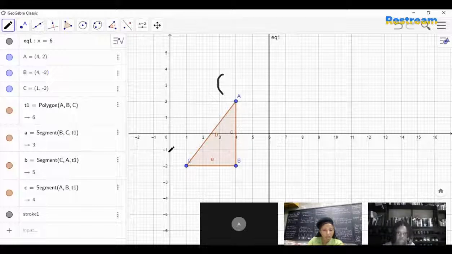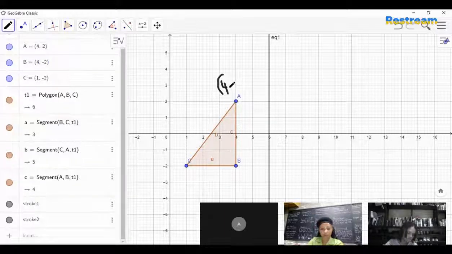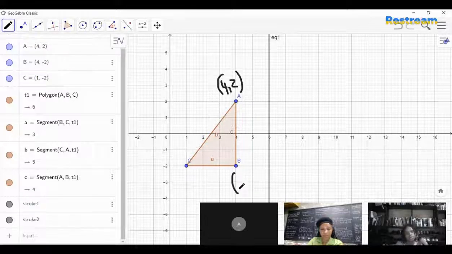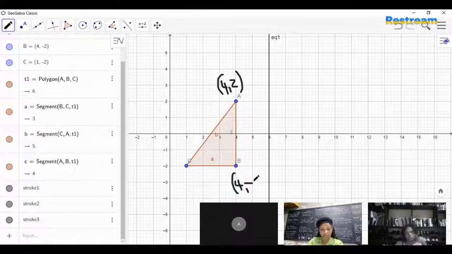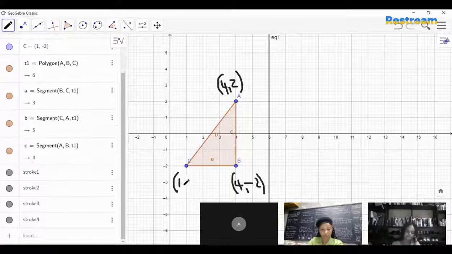Yes, A is positive 4, positive 2. And B would be positive 4, negative 2. And C would be positive 1, negative 2.